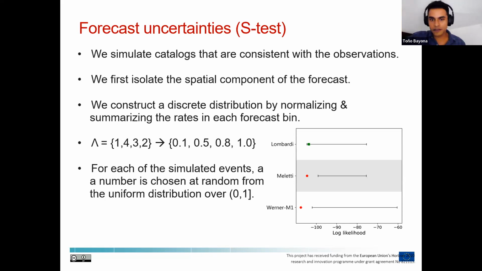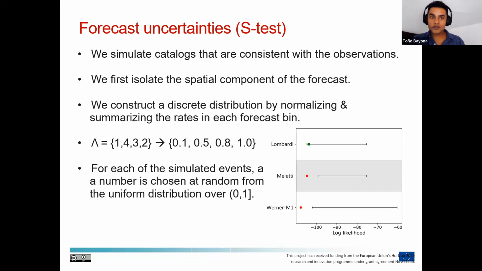Then we normalize these rates in each cell by the number of observed earthquakes, so that by doing that we are absolutely dealing with the spatial component of the forecast.